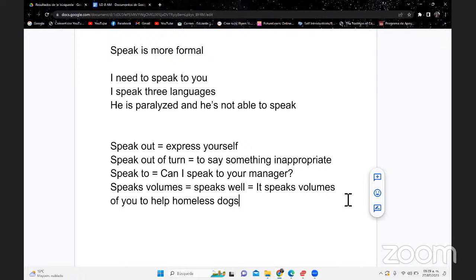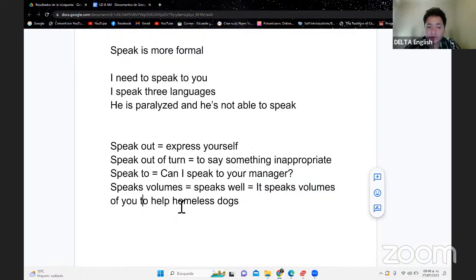Or speaks well. It speaks volumes of you to help homeless dogs. Es como, eso habla bien de ti. Habla bien de ti, que ayudes a los perros sin hogar. So you can say in English, speak well, or you can say speak volumes.